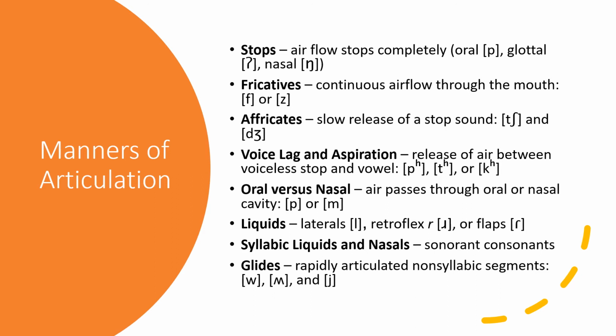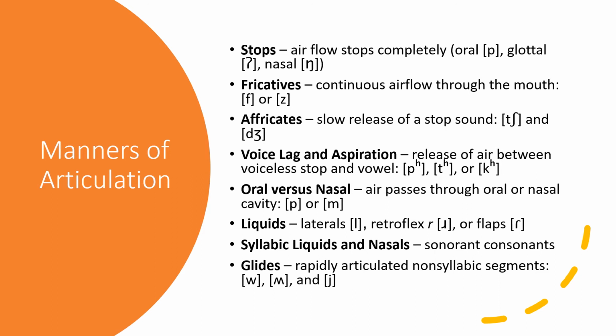We have different kinds of liquids. Liquids are interesting letters that can be used in multiple ways, depending on if they're voiced or voiceless. And so we think about laterals as those L sounds, all the variants of L sounds.